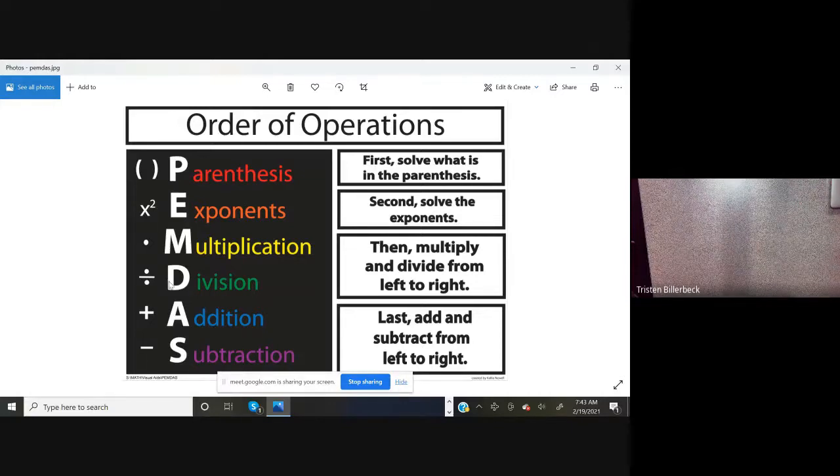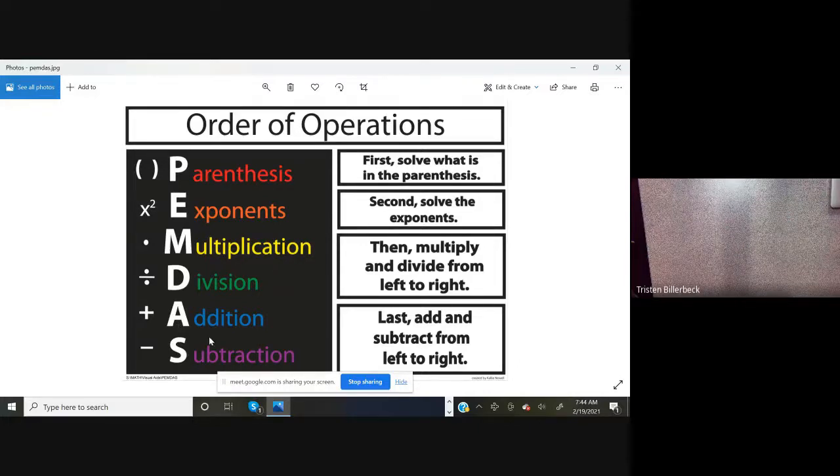If division happens first, we do division. If multiplication happens first, we do multiplication. Whatever comes first as we read the equation or mathematical sentence from left to right, we do first.